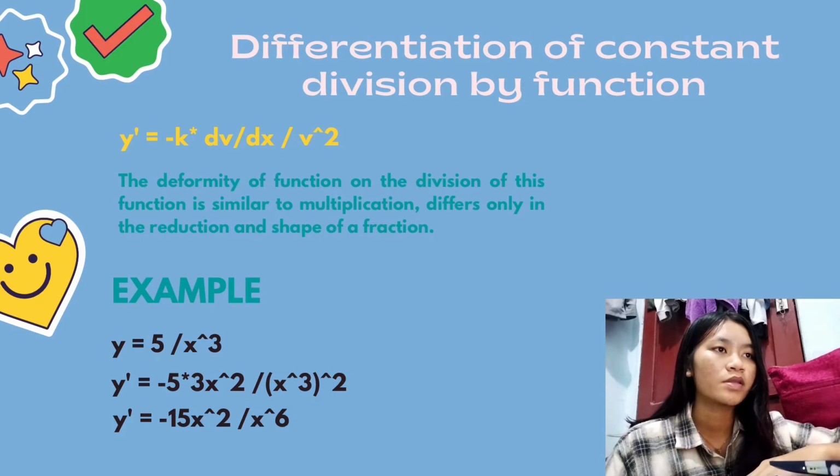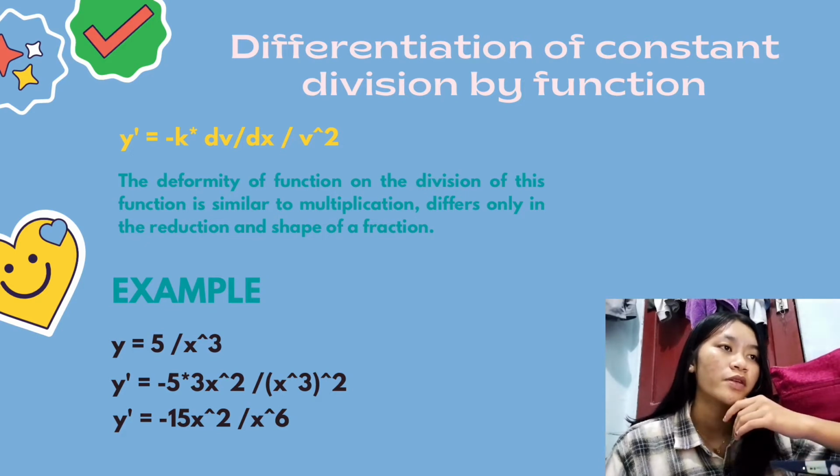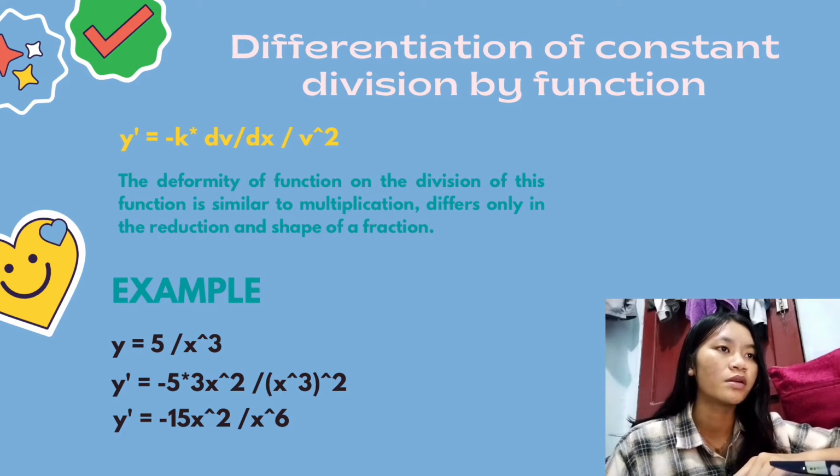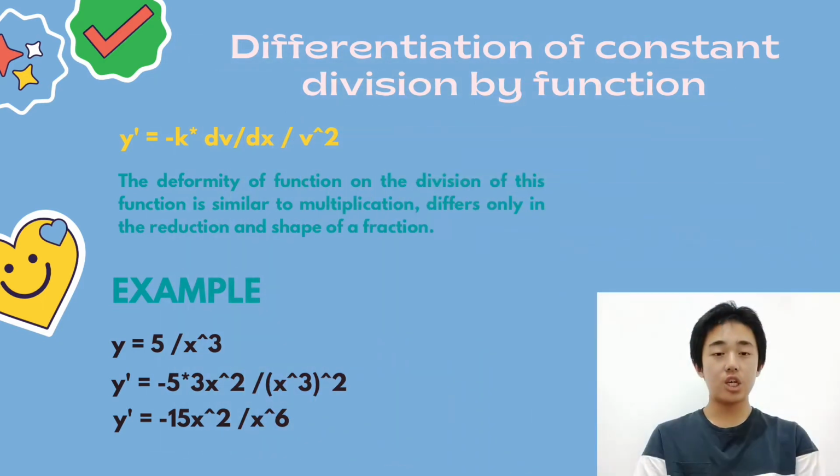The derivative of a function on the division of this function is similar to multiplication, differing only in the direction and shape of the fraction. Differentiation of a constant divided by a function. So the formula is y prime, or derivative of y, equals negative k, the constant number, times the derivative of v with respect to x, and we divide it by v squared.